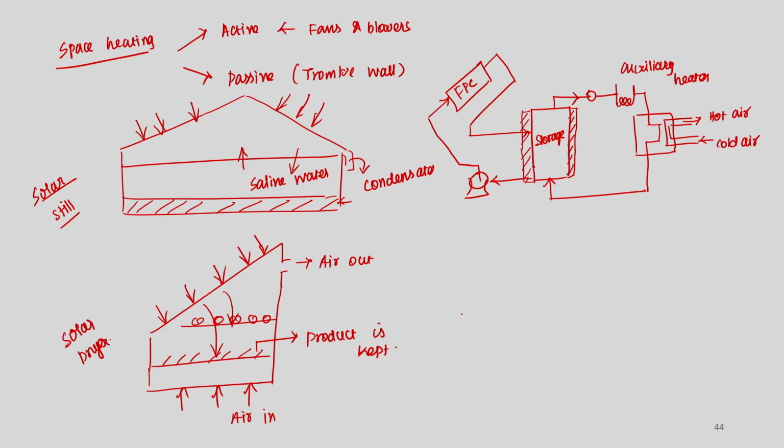And then the solar cooker is also there. There is a box type, where you keep your food material in a shallow container, and the upper one is a glass cover which lets in the solar radiation, and the food directly gets heated.